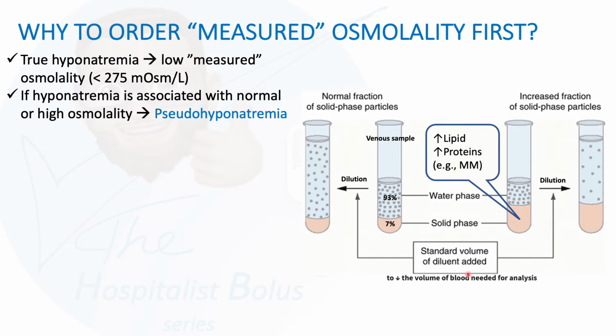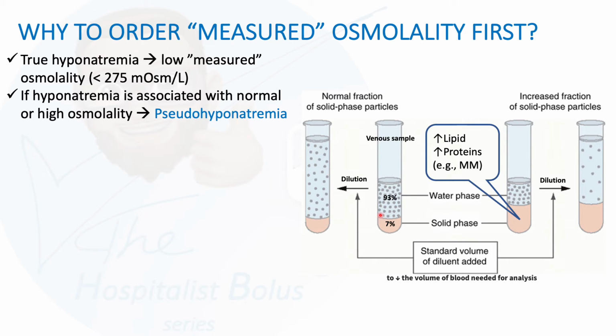They add a standard volume of diluent. That's the way the lab usually processes the samples when they want to measure electrolytes. This leads to dilution of the sample, and then they can take multiple parts of the blood for analysis.